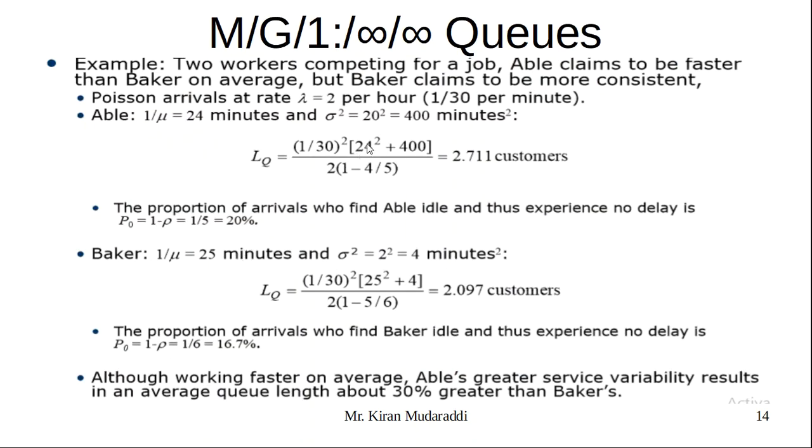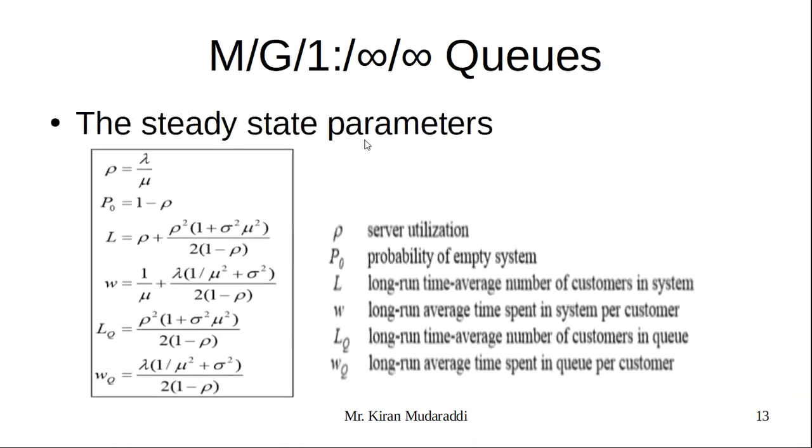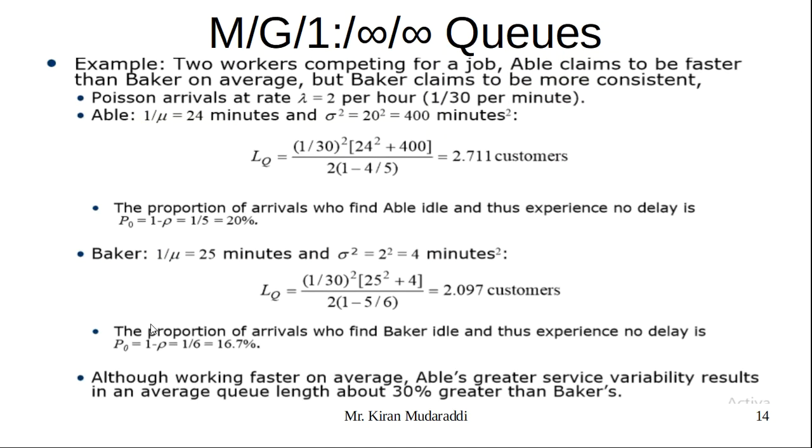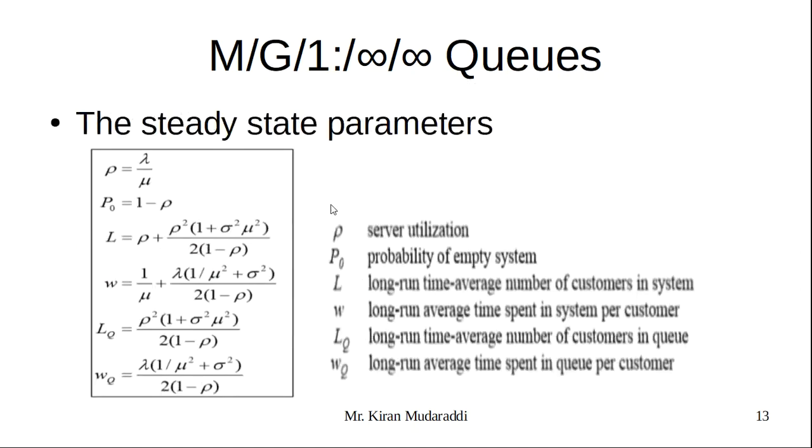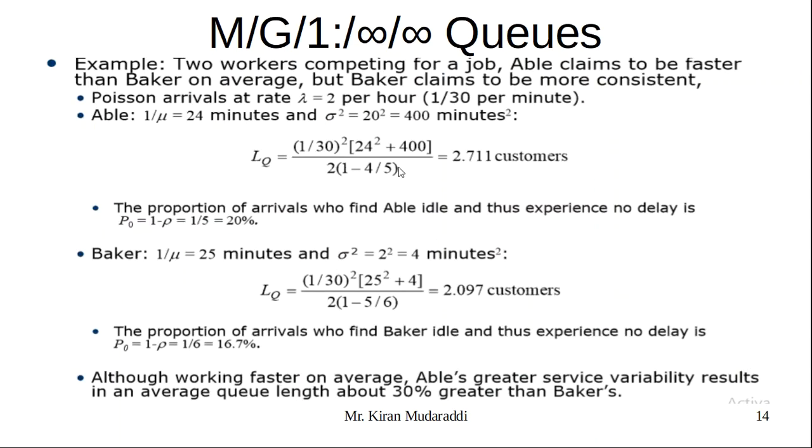1 divided by 30, this formula is used, LQ, 1 divided by 30 plus 24 plus 400 divided by 2, 1 minus rho, 2 into 1 minus rho, that is 4 divided by 5 as given in the problem statement.